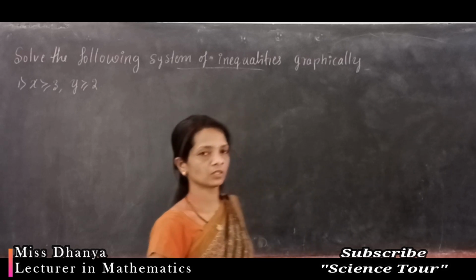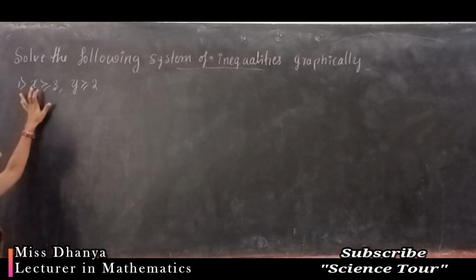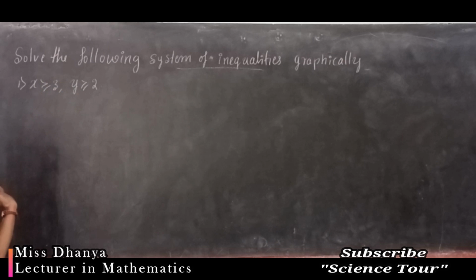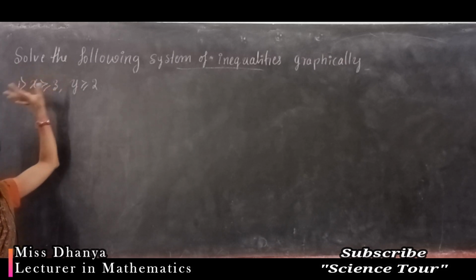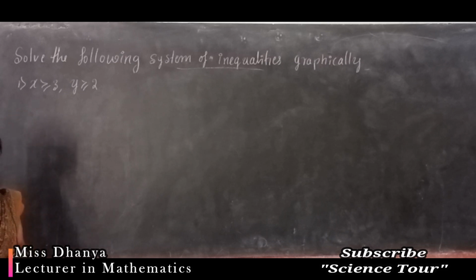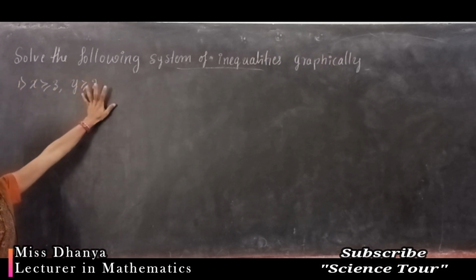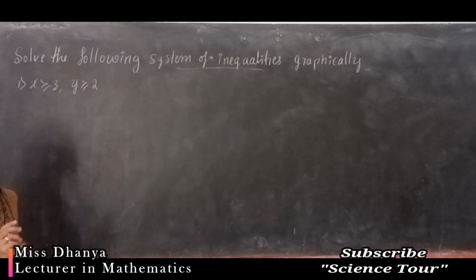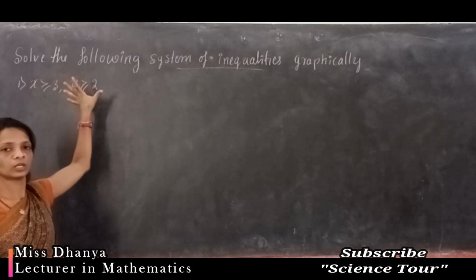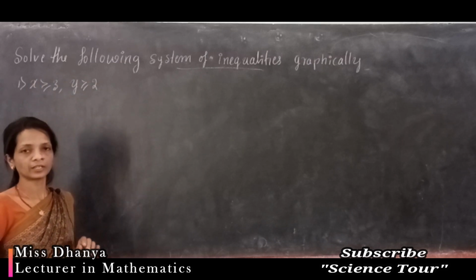You can see now you have two inequalities, x greater than or equal to 3 and y greater than or equal to 2. Suppose you are given one inequality to solve graphically, then you know how to solve that. In the same way you have to solve these two inequalities also, but not in separate Cartesian planes. You have to solve these two inequalities in the same Cartesian plane.